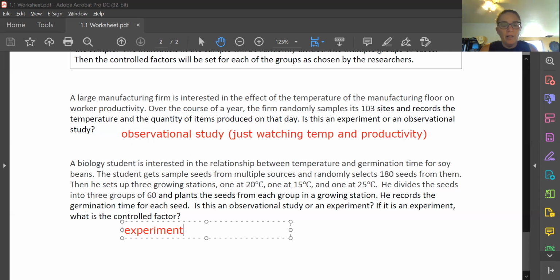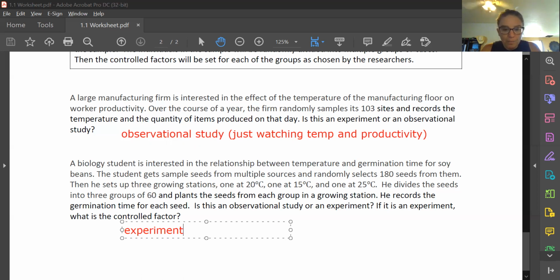Now, you might think, well, some science student is doing something, of course it's an experiment. Not necessarily. The biology student could be out in the field just watching nature happen and just recording the temperature that's happening, recording the time. That's very similar, but that would be observational. But here, he split them into groups. He chose the temperature.